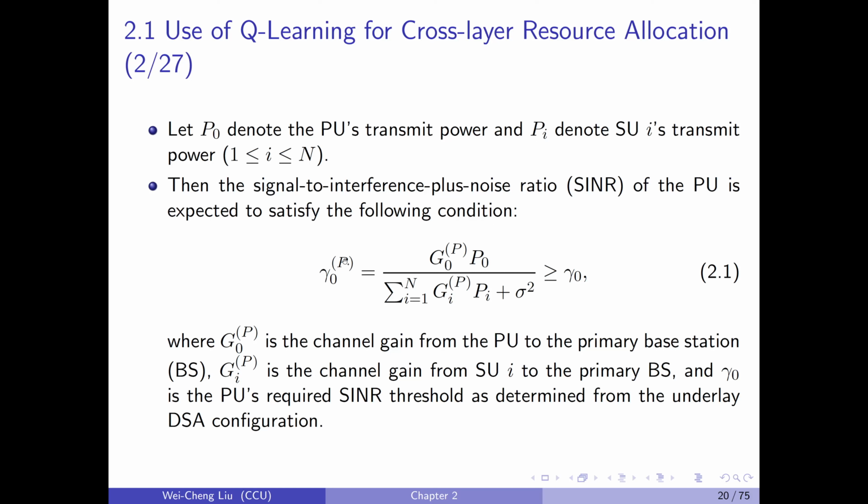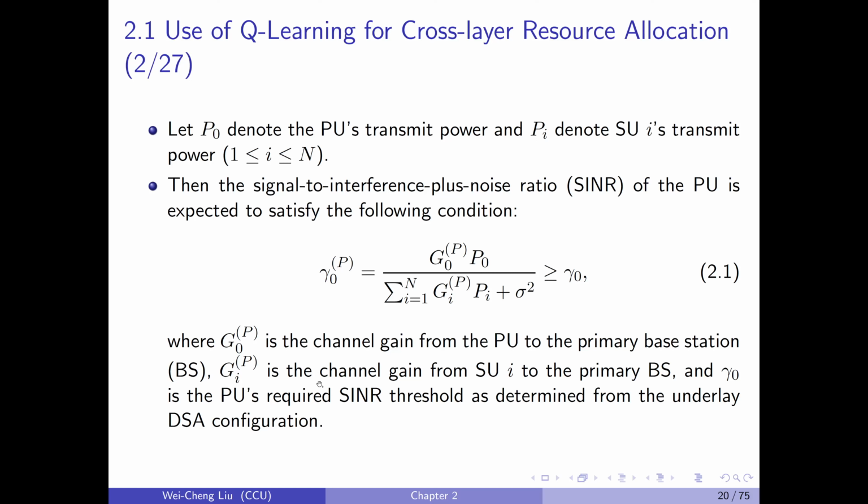Gamma 0 P is equal to G0 P times P0 divided by summation I equal to 1 to capital N GIP times PI plus sigma squared, which is greater than or equal to gamma 0, where G0P is the channel gain from the primary user to the primary base station BS.